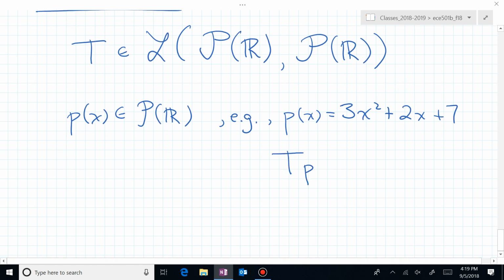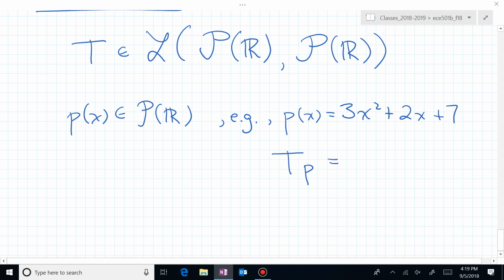What's Tp? If we now apply this differentiation map to p, if we operate on p by T, from calculus, what would you say the derivative of p of x is equal to? That's what we're doing.